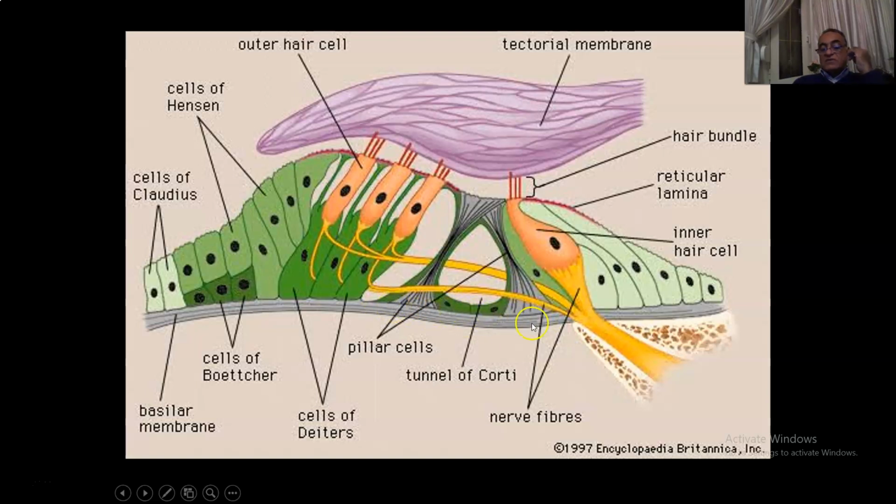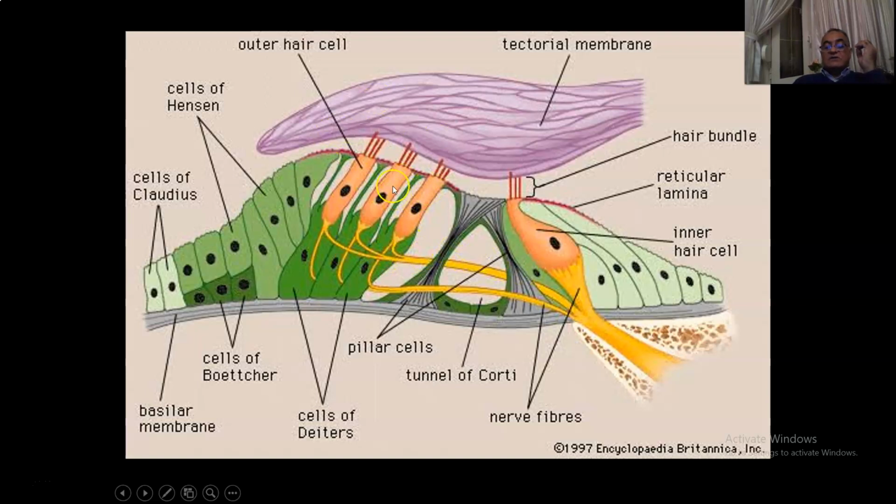Vibrations of the basilar membrane, because of the vibration of the perilymph, which is present between the cochlear duct or scala media and the scala tympani, cause stretch and vibration on the cilia, which will result in opening and closing of potassium channels, which will depolarize the hair cells and cause electric impulses.